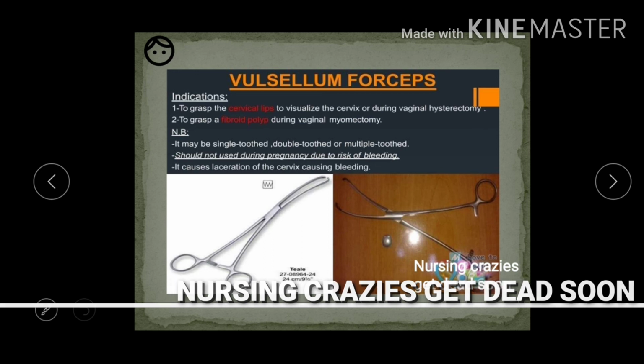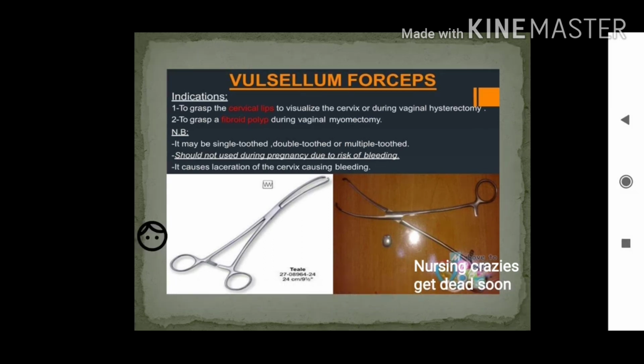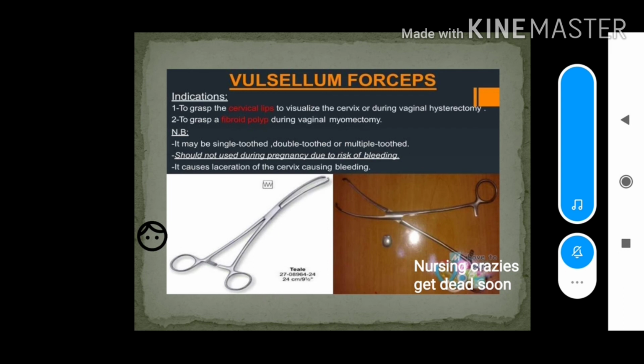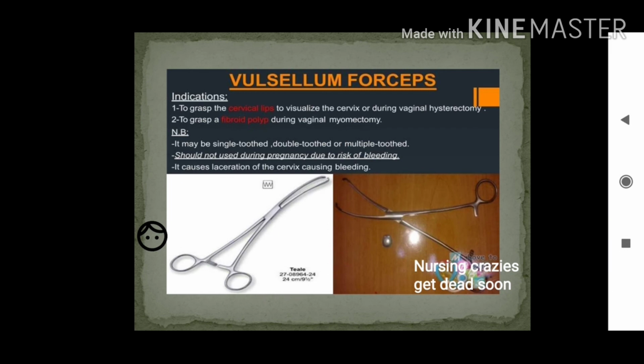If you want to see the cervix very clearly, or to grasp a fibroid polyp during vaginal myomectomy, in that case also we use the Vulsellum forceps. It may be single tooth, double tooth or multiple tooth. It should not be used during pregnancy, because the chances of bleeding are more with this. It causes laceration of the cervix, causing bleeding.